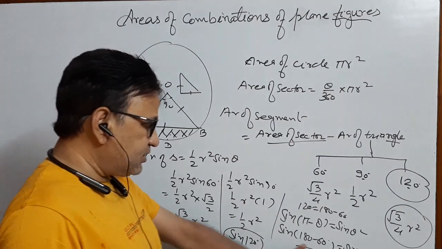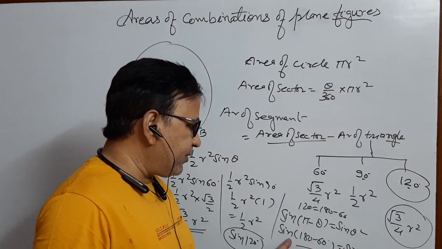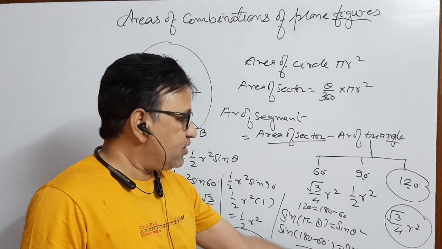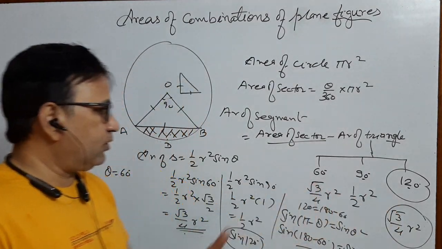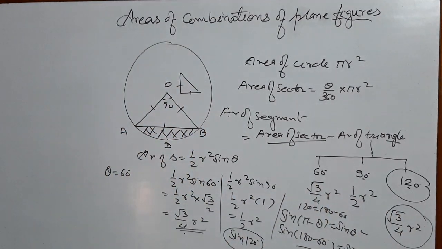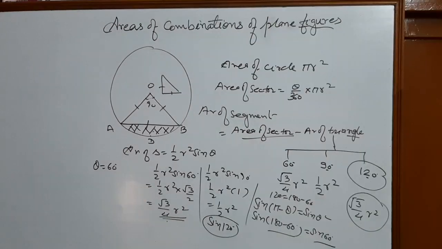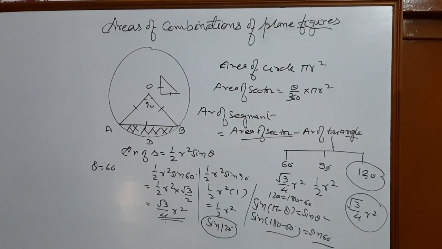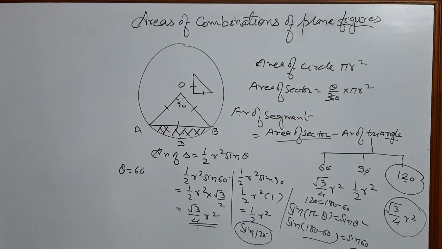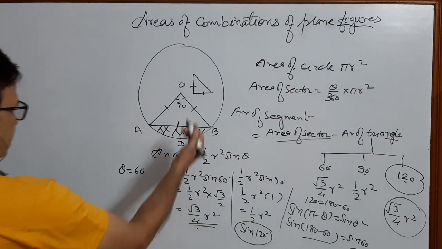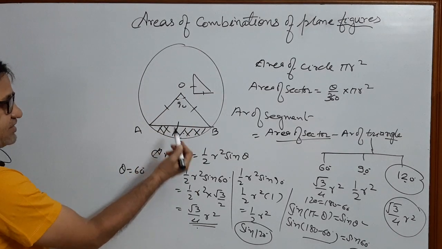I am taking the simple formula, sine 180 minus theta equals sine theta. So it also becomes sine 60. Now you see one example of each type of question. So, clear? This is regarding your area of sector and segment.